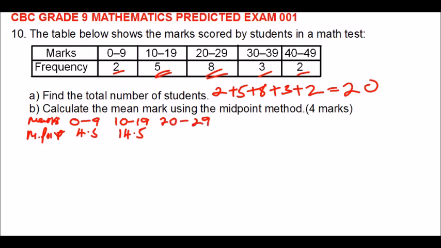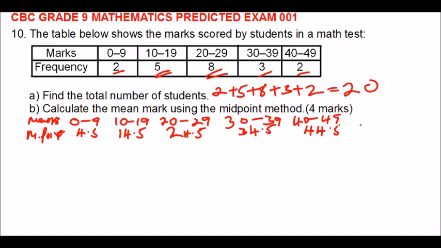The midpoint is 24.5. 30 to 39, the midpoint is 34.5. And 40 to 49, the midpoint is 44.5. So that is how you identify the midpoint.